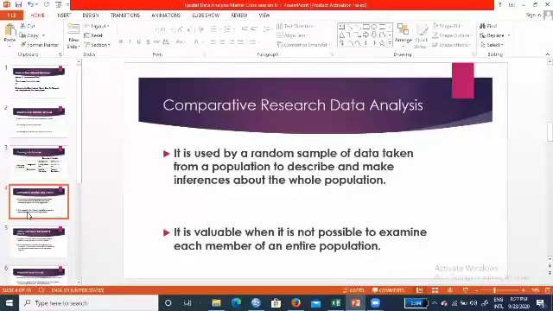Now, what is a comparative research data analysis? This involves data analysis that uses a random sample of data taken from a population to describe and make inference about the whole population. In other words, it simply means picking data from a population and comparing it with a control, just to make inference.